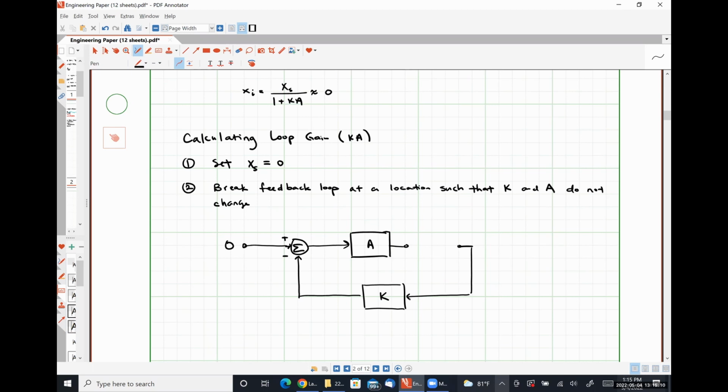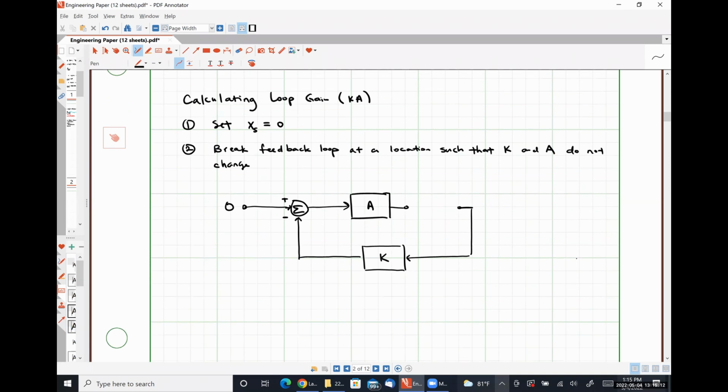And what we do is we apply a test signal to the input of the feedback network.